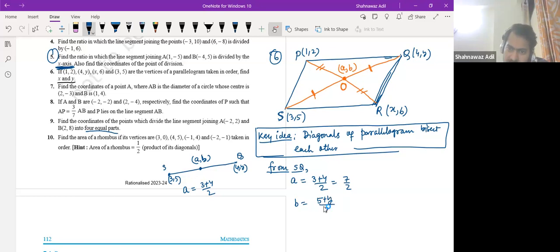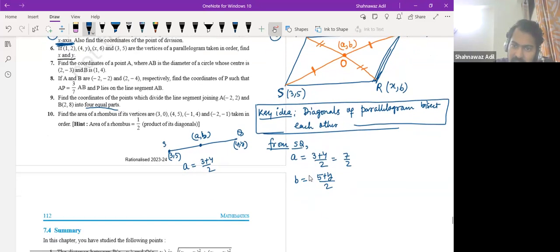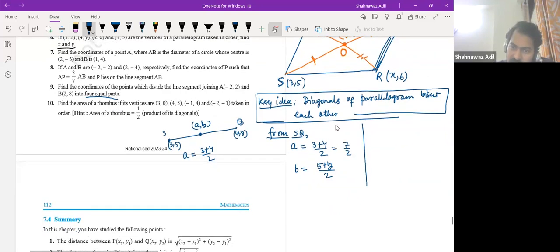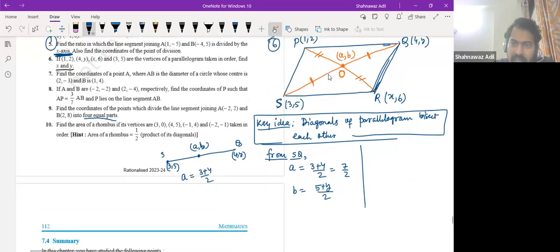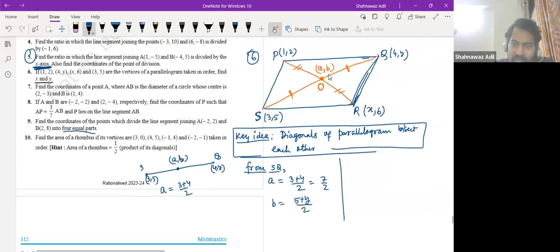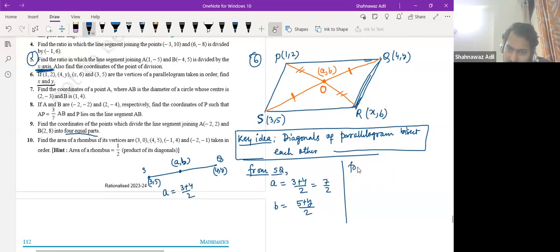Good. So this we cannot solve. So this now we know. Now we will take another line which is getting bisected, so from this PR, A would be how much? 1 plus x by 2.